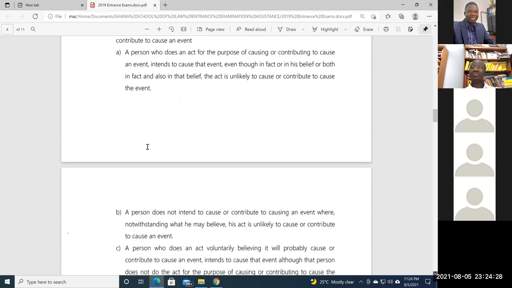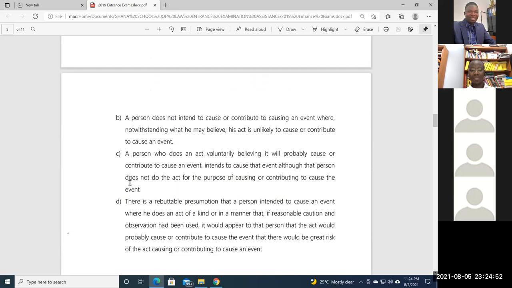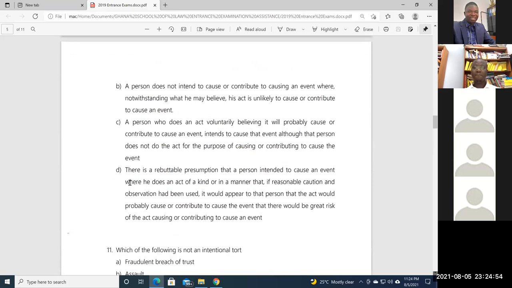Then section 11(2). A person who does an act voluntarily, believing that it will probably cause or contribute to cause an event, intends to cause that event within the meaning of this act, although that person does not do that act for the purpose of causing or contributing to cause the event.